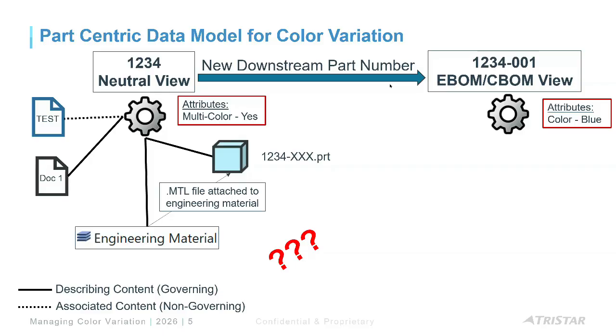So it's the same part, might have a different part number, but it's always linked to the source, which is this neutral view 1, 2, 3, 4 in this case. So if the form, fit, and function changes and it needs to be revised, then that is representing these color variations that then can be changed and renumbered or revised as well.